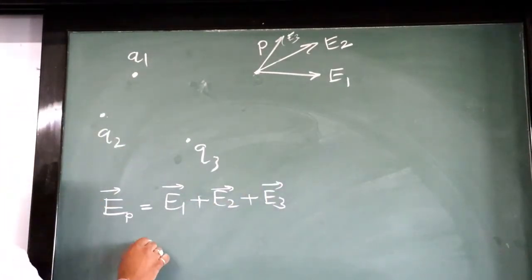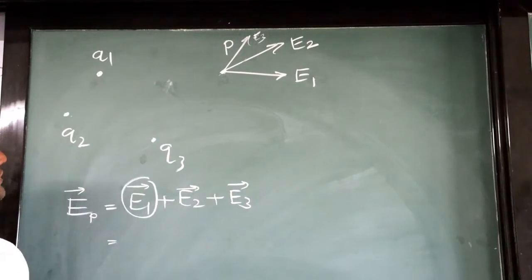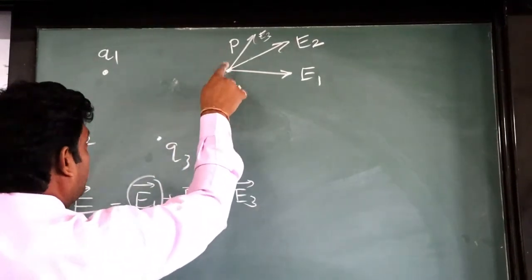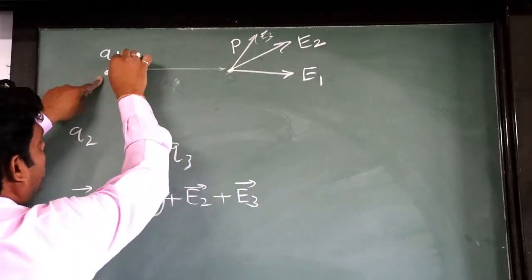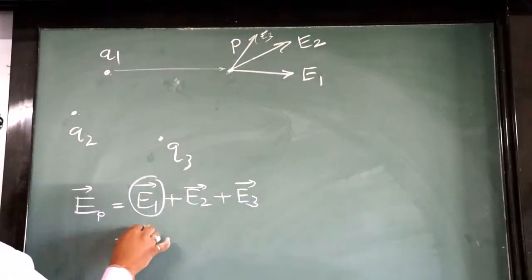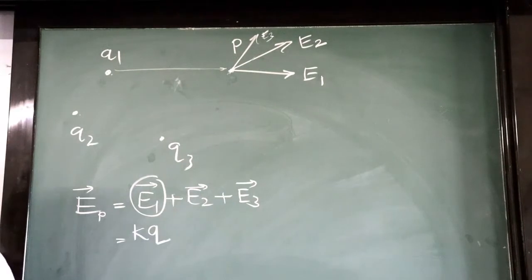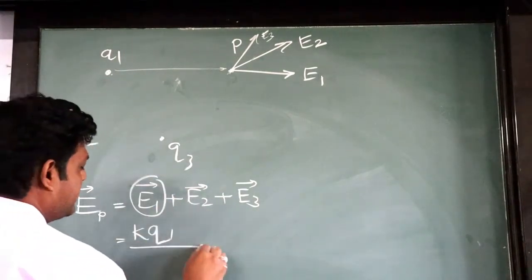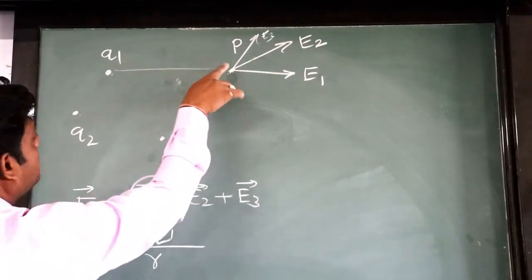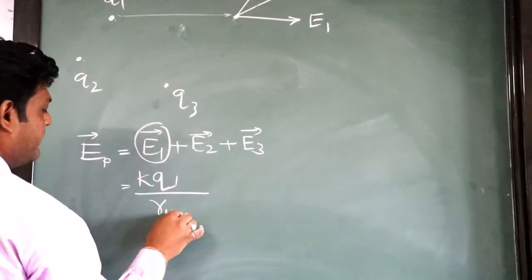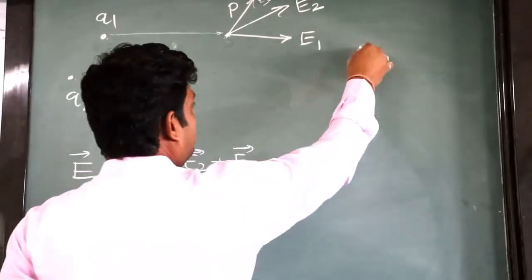So what is electric field? E1 equal to what? E1 is the electric field at point P due to Q1. Suppose K Q, that is Q1 is the source charge, and distance between them we can write, suppose it is R1P. What is the basic formula for electric field?